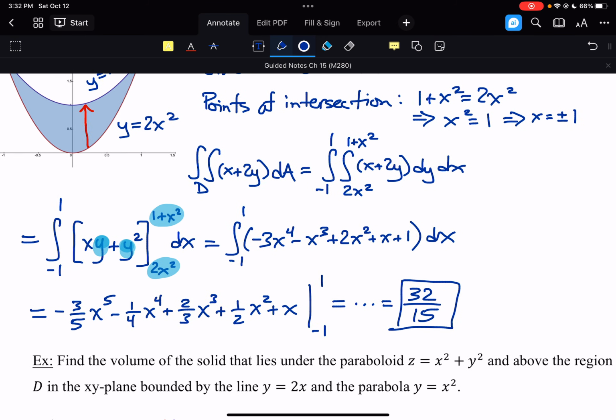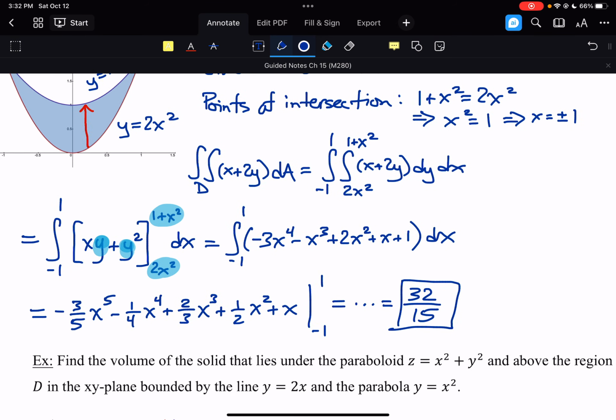This is what the double integral is giving us. It's giving us the volume of this solid. And we find that by integrating under the surface, so under the paraboloid, that's going to be our integrand, and then above the region in the xy plane, which again is the region with the green and purple right there. So you can see I've got the 2D region defined right here.